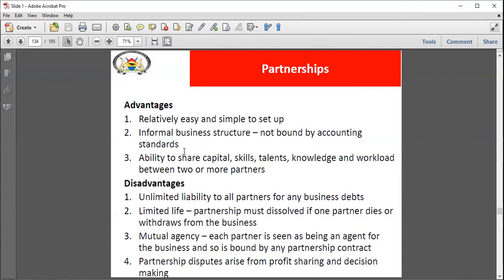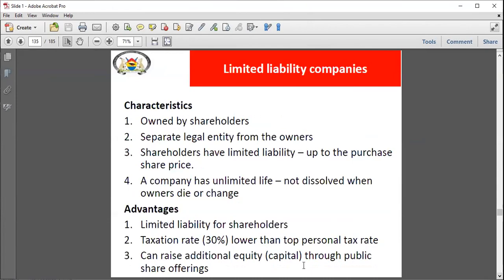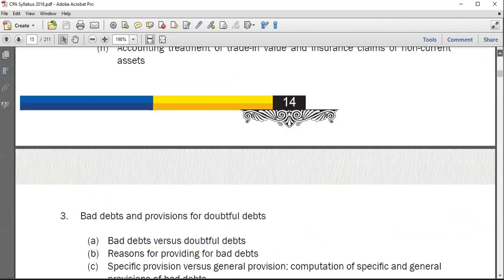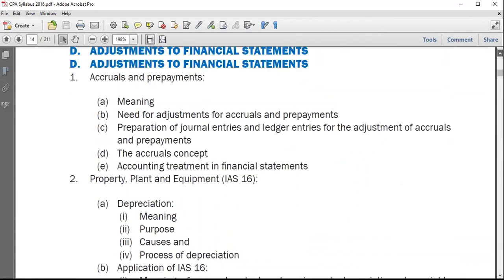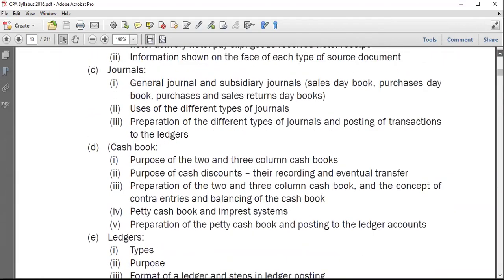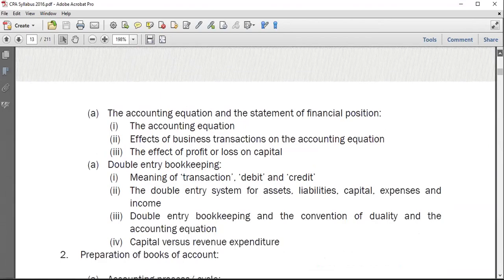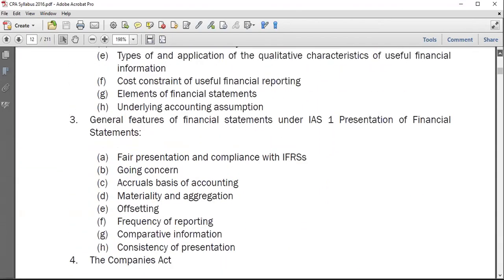And even when you come to disadvantages, still you'll find that they are trying to compare it with, let's say, the advantages of other business structures, okay? So these are very key. And even when you get down to your syllabus, the examiner takes into consideration that these are part of what exactly you need to know.